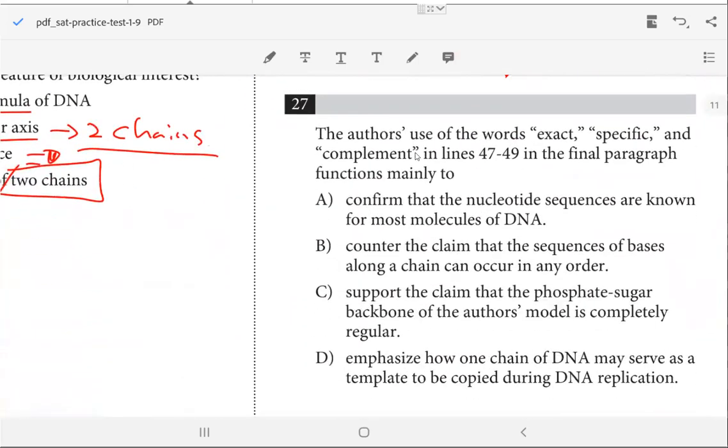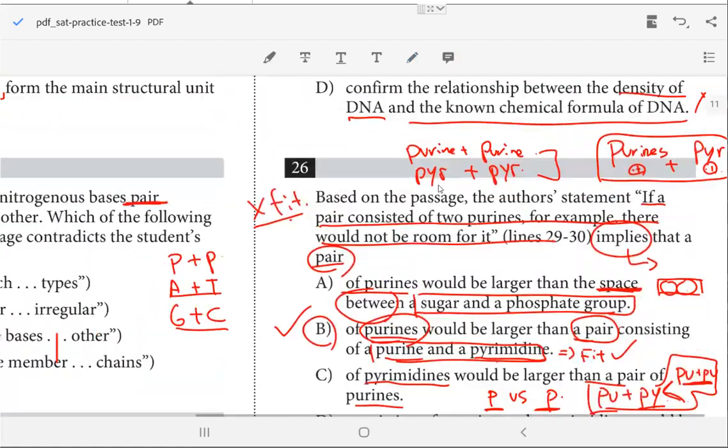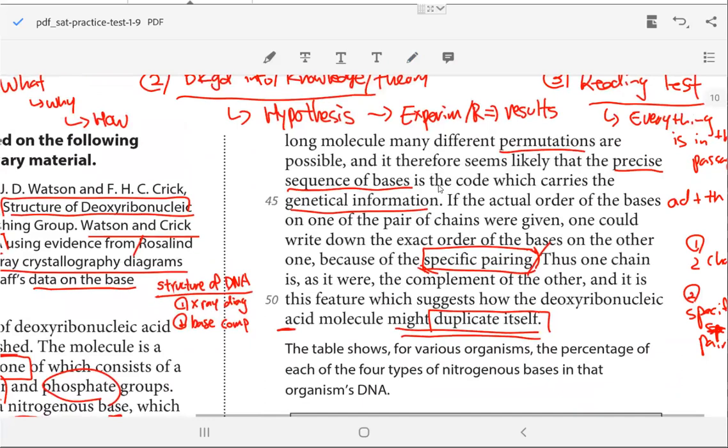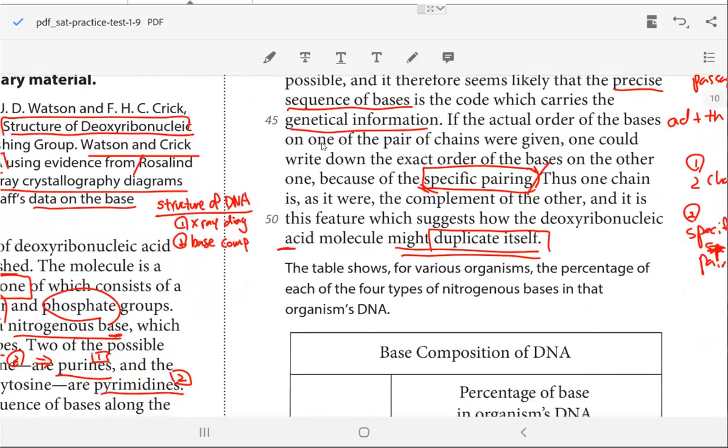(27) The author's use of the words exact, specific, and complement in 47 to 49. 자, 그러면 47 to 49의 이 세 단어를 한번 찾아봅시다. In the final paragraph, functions mainly to... 자, 한번 볼까요, 먼저? 47, 49. 오케이. 여기서부터 읽을게요.